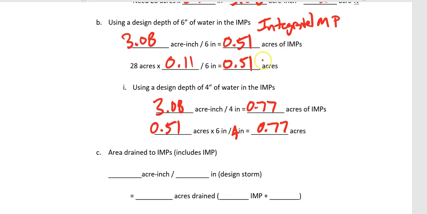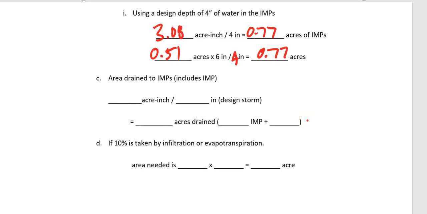My best management practice needs to be a half acre. But how much of my area do I need to drain? So I can divide this up, but let's say I have one rain garden that's going to be a half acre. That's a big rain garden. Usually they're so little. So how much of my area do I need to drain into that rain garden in order to accomplish that?